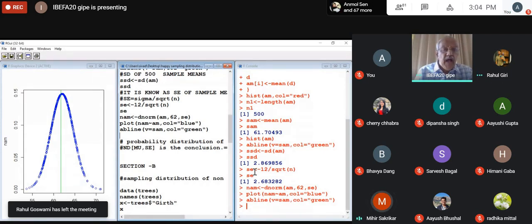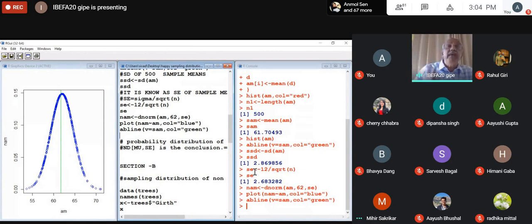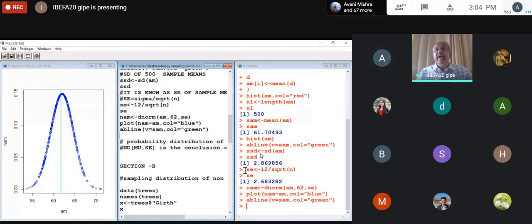Yes, sir, it skews slightly towards the right. Approximately equal to 62, but each sample deviates from this mean by how much? 2.68, sir. Perfect. That is called standard error.